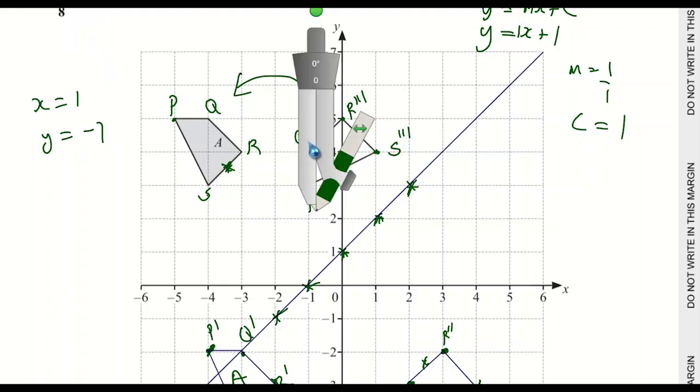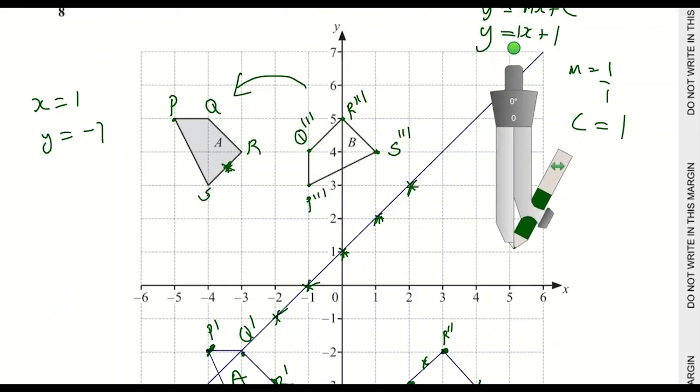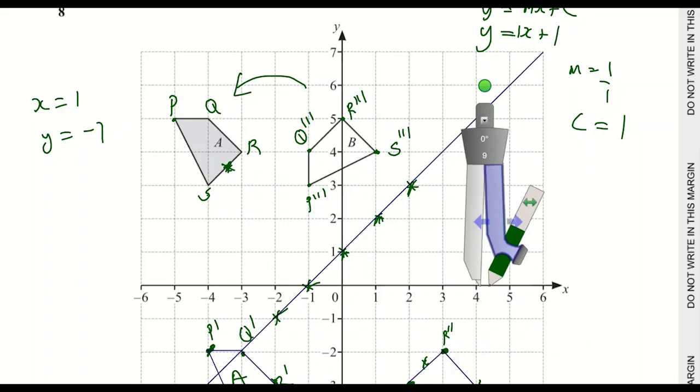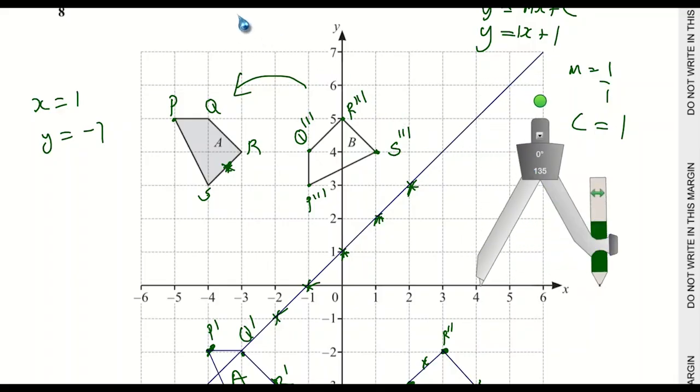Good. So I have a pair of compasses here. Let's connect two corresponding points together. So I have Q and Q prime prime. So let's take this and this. Good. Okay, so we need to bisect this line.